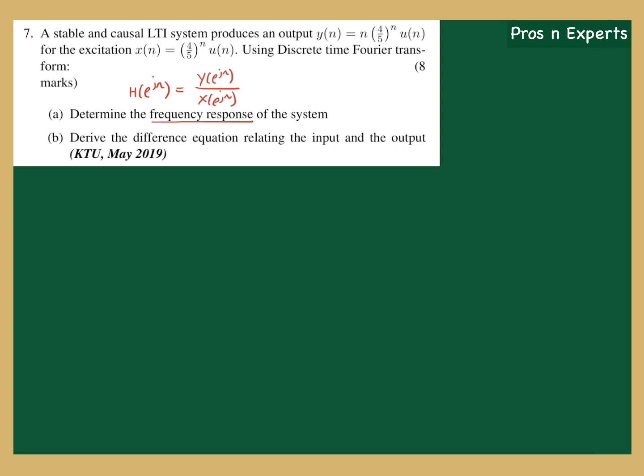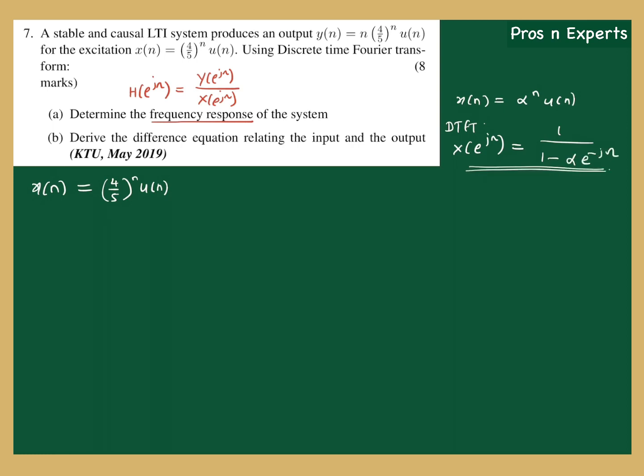So first you can find out the Fourier transform of x of n, that is X of e raised to j omega, and you are given x of n as (4/5) raised to n u of n. If you are good with the DTFT, you might know a standard result: if x of n is of the form alpha raised to n u of n, then the DTFT of x of n, X of e raised to j omega, equals 1 by 1 minus alpha e raised to minus j omega.